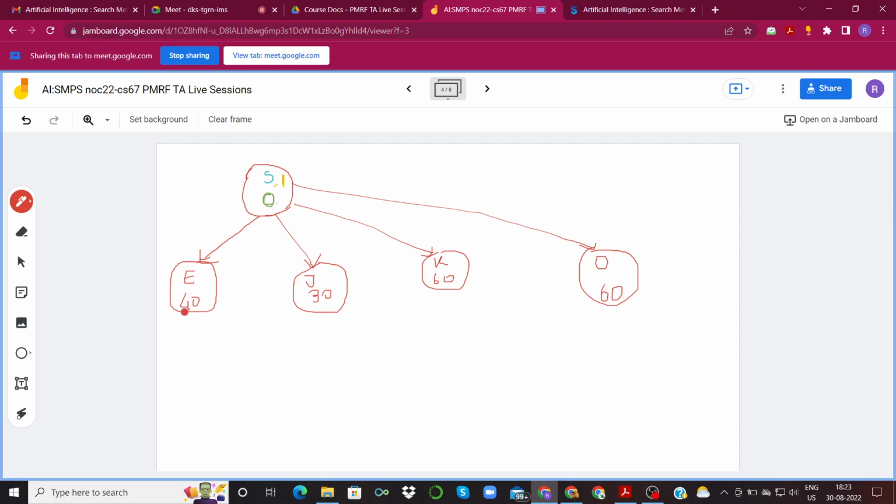But hypothetically, if we were to go from E to another node, and the cost of going from E to this new node was, let's say, 10, the cost that we would assign to this particular node would be 40 plus 10, 50, not just 10. So we will keep this in mind while proceeding with the next step. Was that point clear, or any doubt about that?